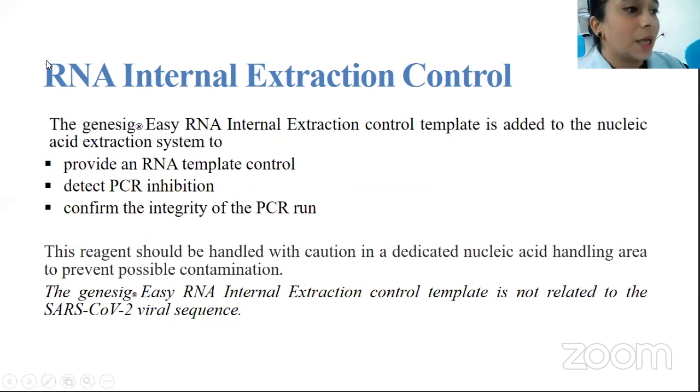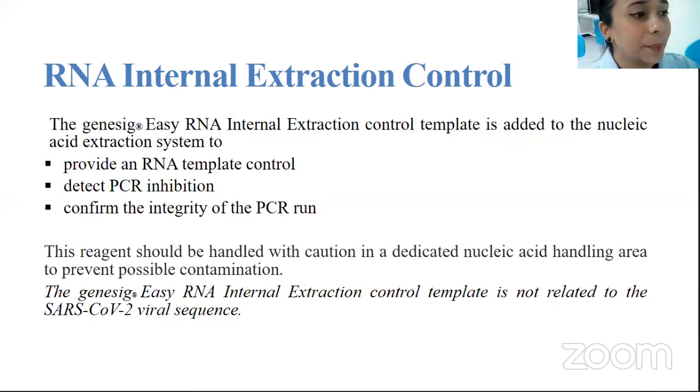The other tube is the RNA internal extraction control. The GeneSeq Easy RNA internal extraction control template is added to the nucleic acid extraction system, that is, when you are extracting the RNA from the nasopharyngeal swabs. It provides an RNA template control for the extraction quality and efficiency.